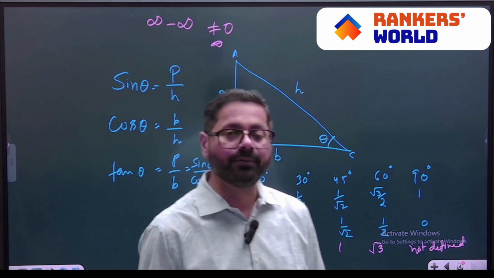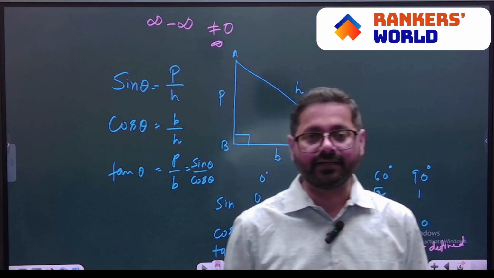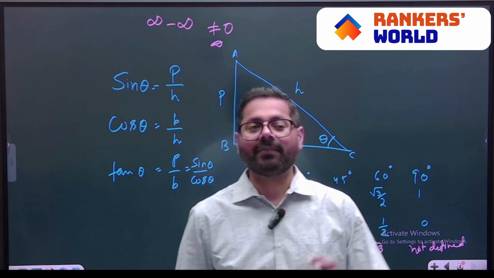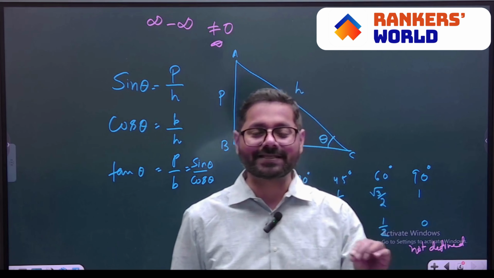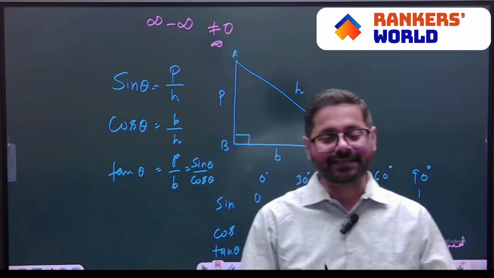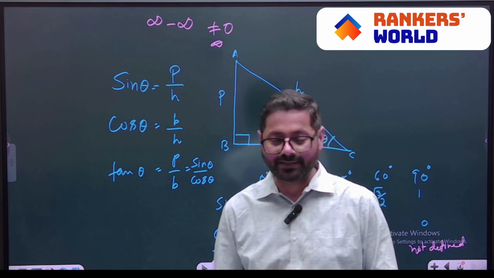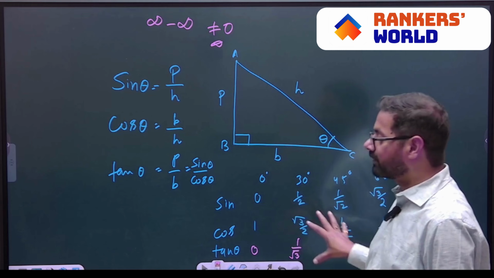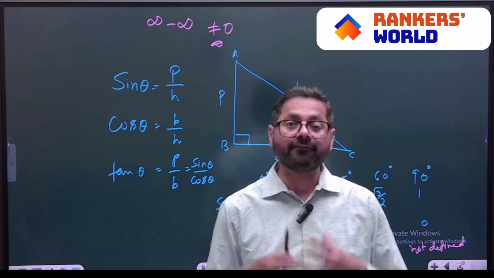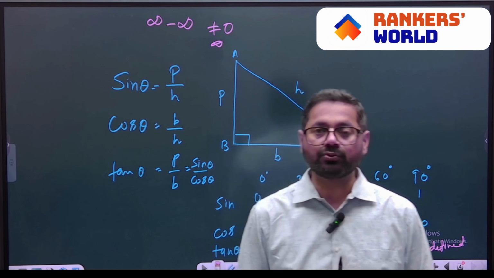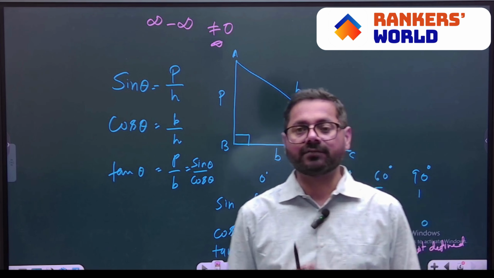Sine theta is simple, it can be calculated in a right angle triangle by perpendicular divided by hypotenuse. Cos theta is base divided by hypotenuse, and tan theta is perpendicular divided by the base. If you know these values, I think you'll be able to do fairly well when it comes to area in terms of a triangle.